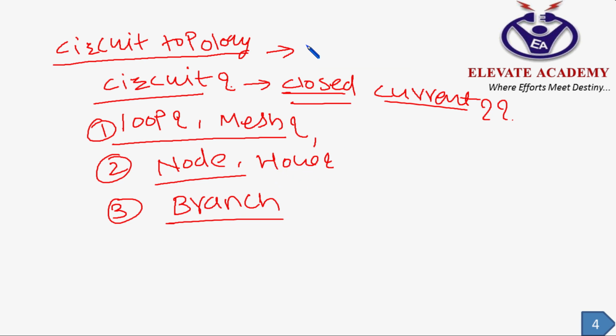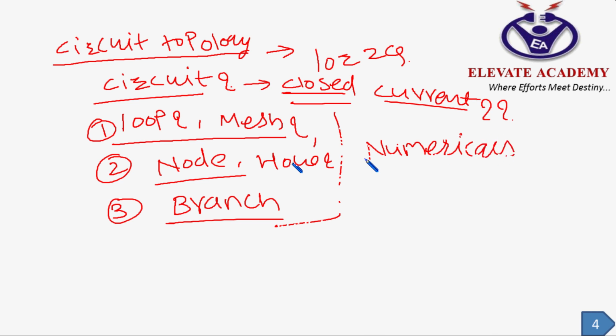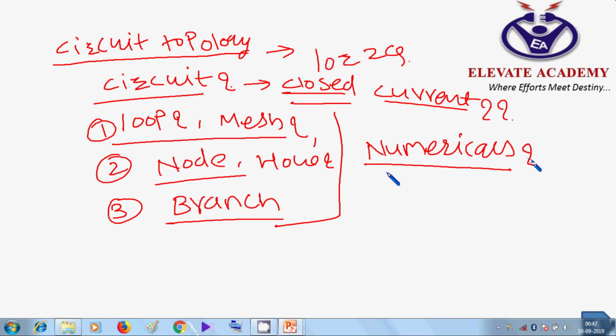Once you get a clear idea about this circuit topology, then we should move forward towards the numericals of these circuits. See why there are numericals we are solving in the circuit.